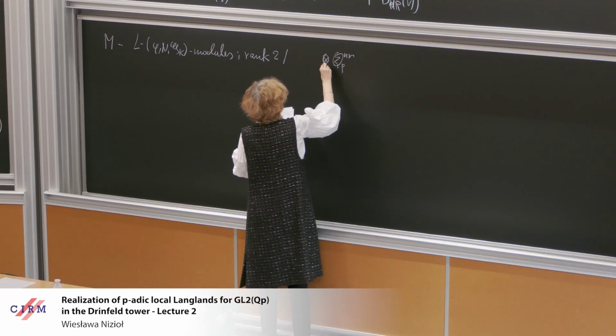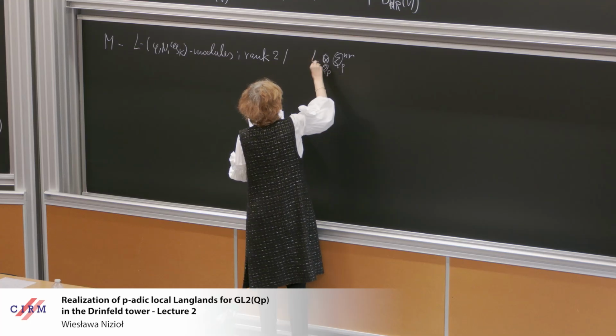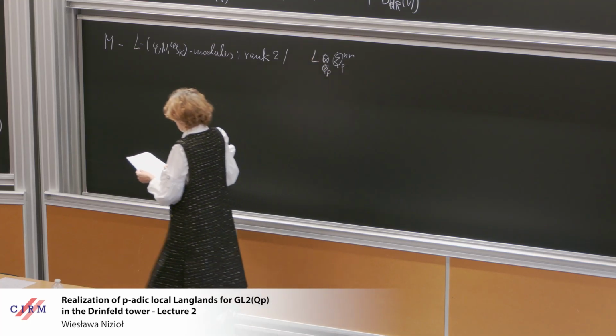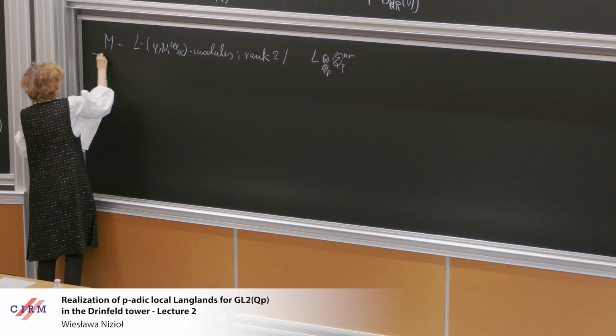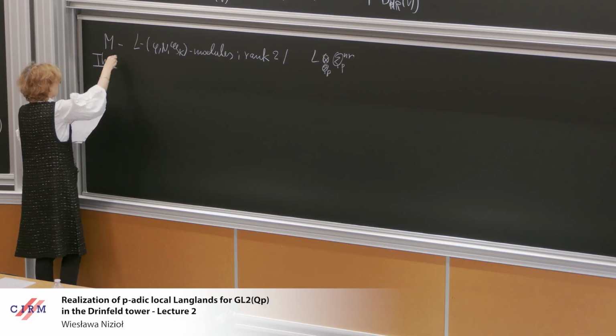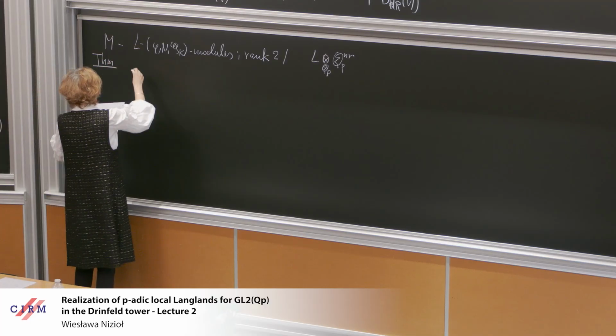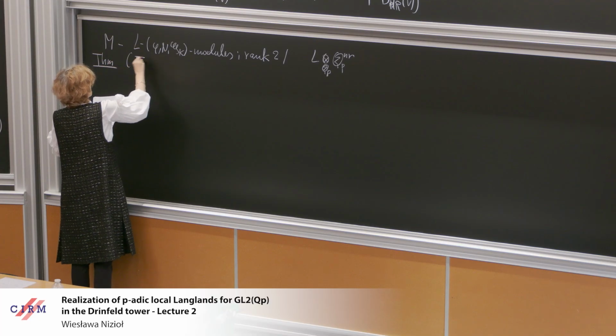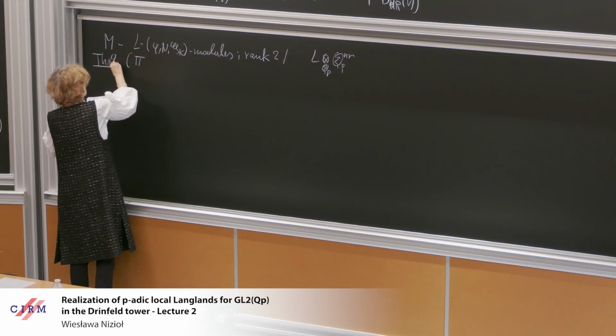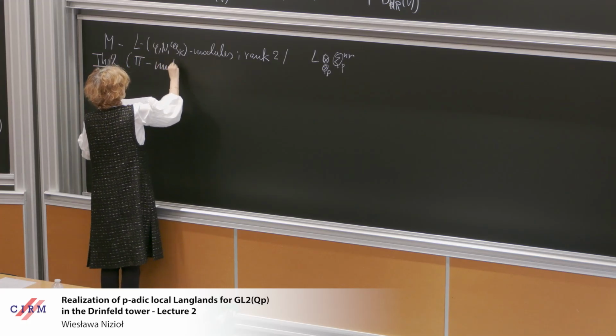So we have here over QP NR L, if I'm not mistaken. Okay, and theorem. So we tend to fix this M, and now let's call it theorem 2, pi multiplicity.